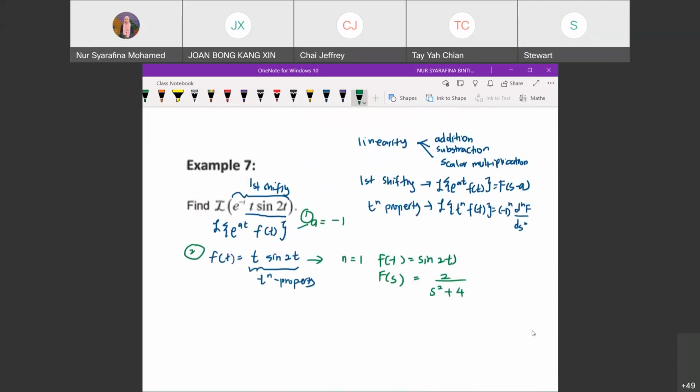So you have your n, you have your F(s). Then transforming t sine 2t will give you -1 to the power of n, differentiate the function with respect to s, because n equals 1. So this one will give you what?